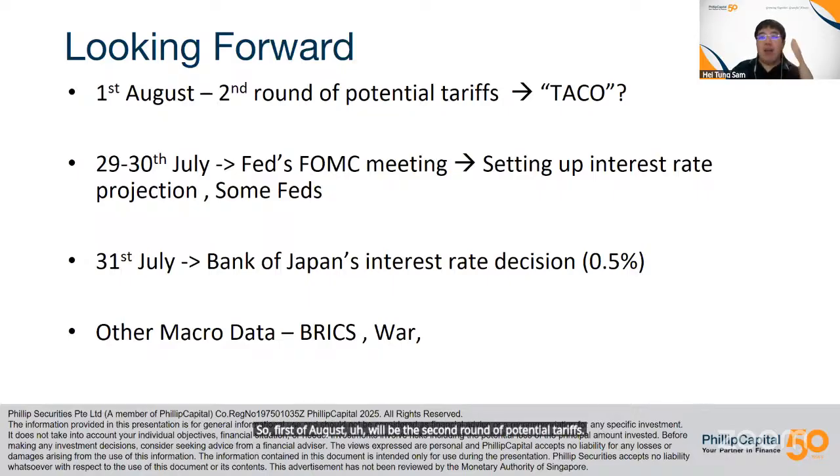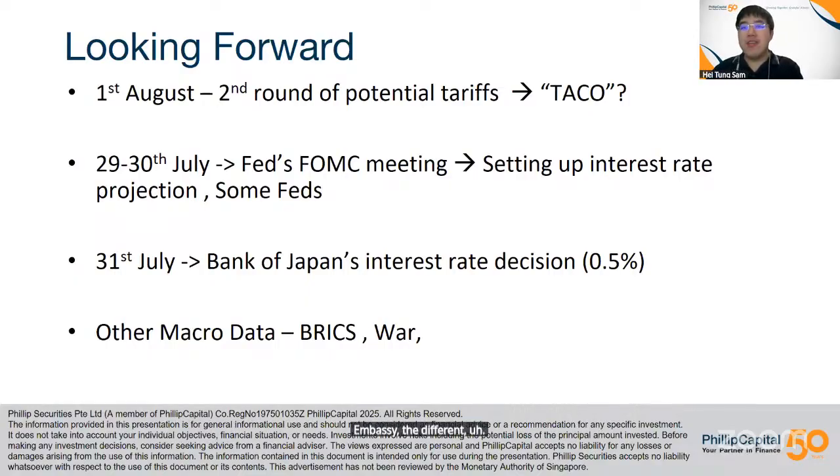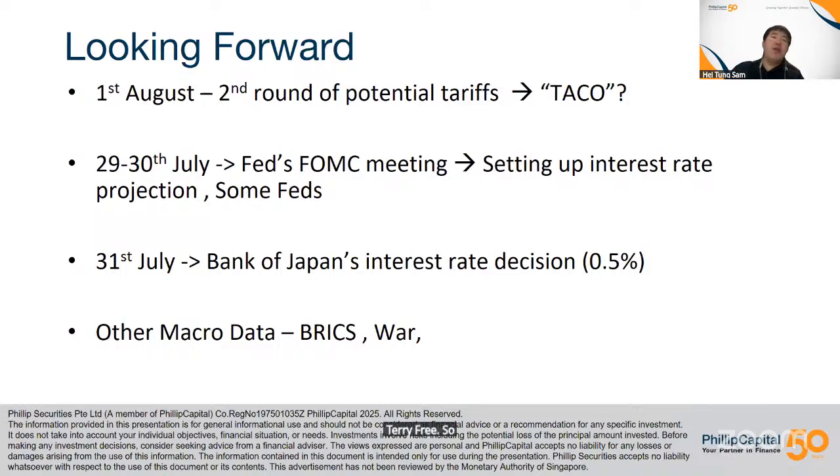He has been announcing, he made it very public, that he's been sending letters to the embassies or presidents of different countries, saying that if you don't do anything, no deal, right? This is the tariff rate. So it's quite public, so people know.